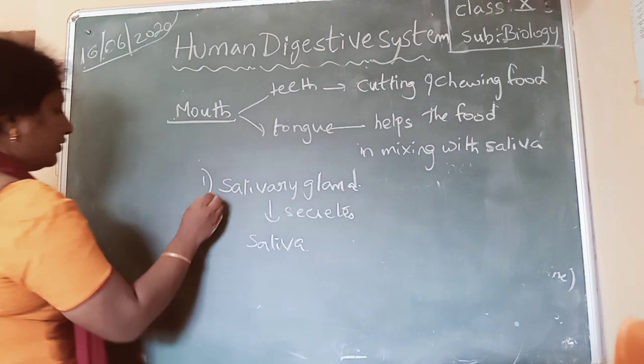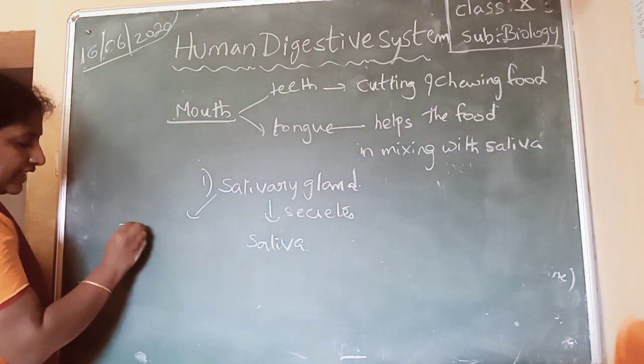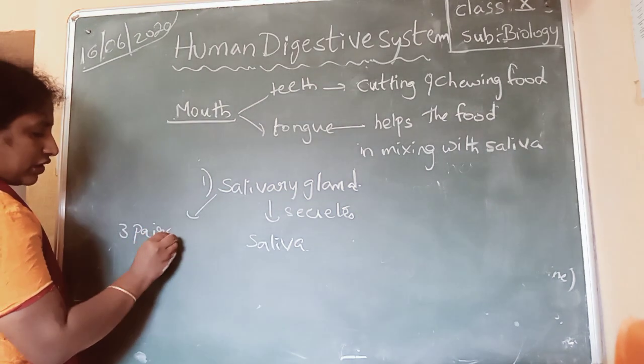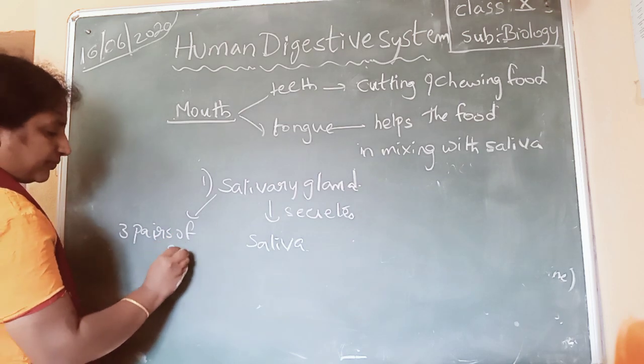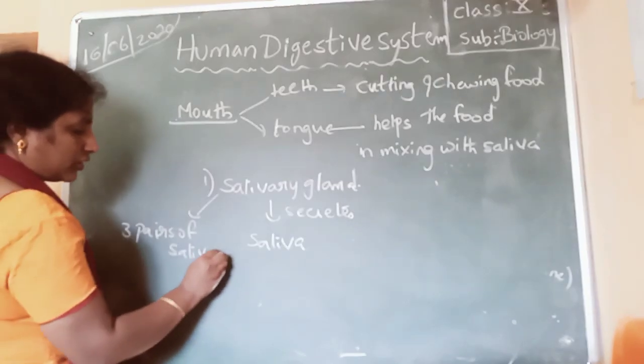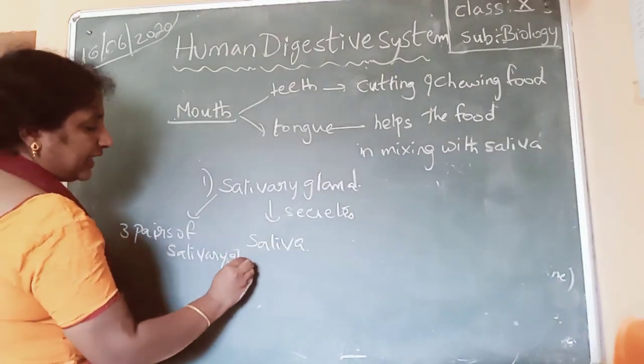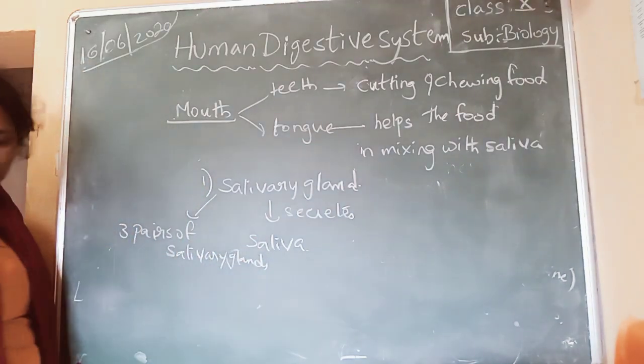Now we have 3 pairs of salivary glands. What are they?